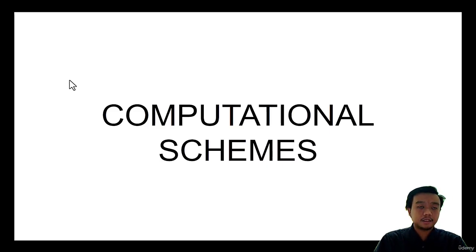Basically, if you just copy and paste your tutorial folder and it works perfectly, you don't have to worry much about this computational scheme. But if you are finding some errors, or divergence, or it needs a lot of time steps to finish even a simple case, you can change the computational scheme.